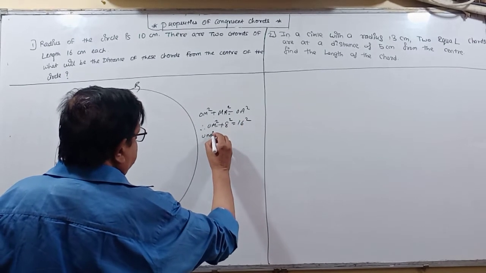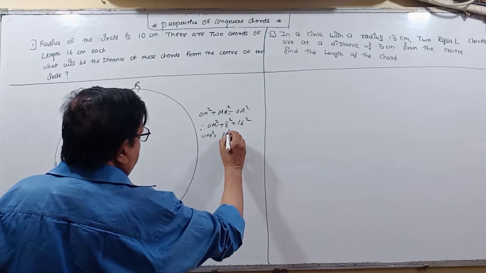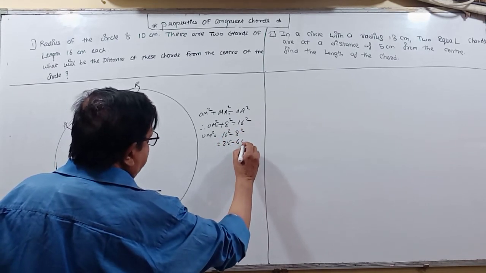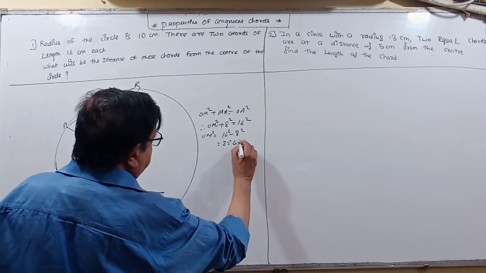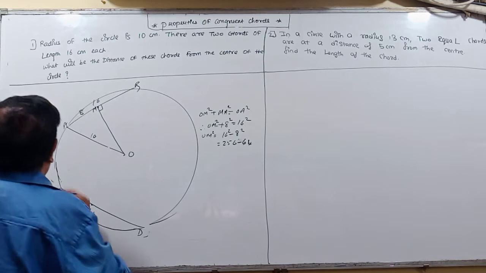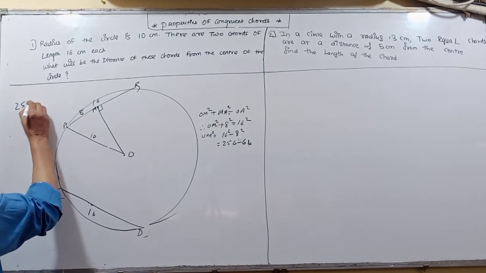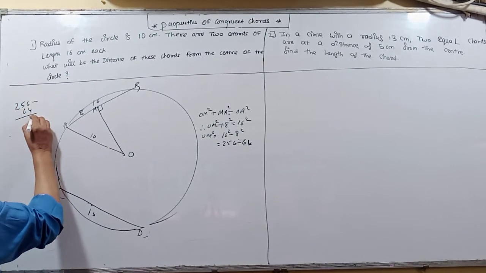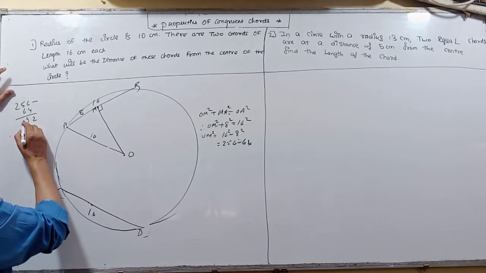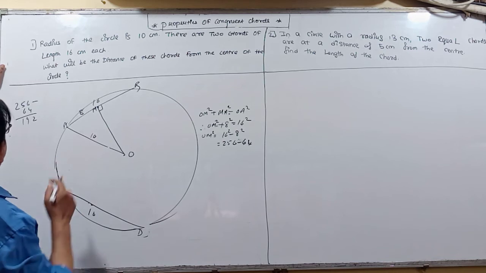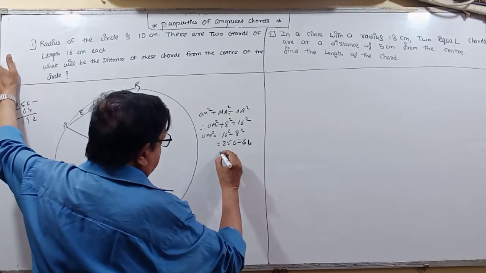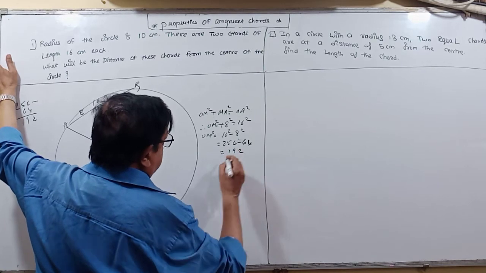OM square equals 16 square minus 8 square, equals 256 minus 64. We have to subtract: 256 minus 64 gives 192.